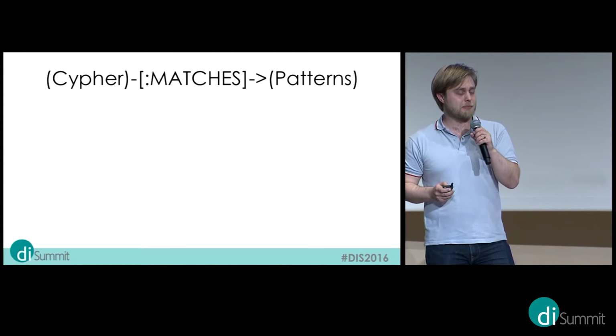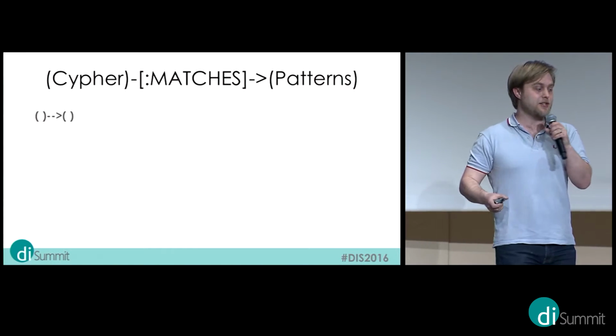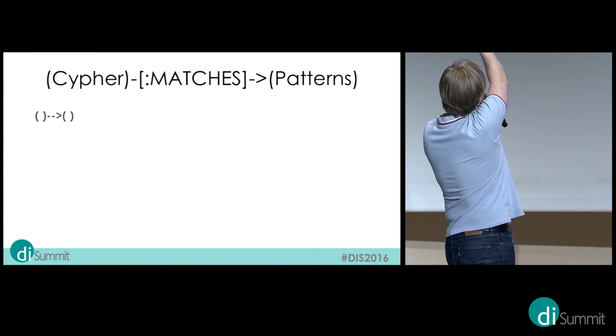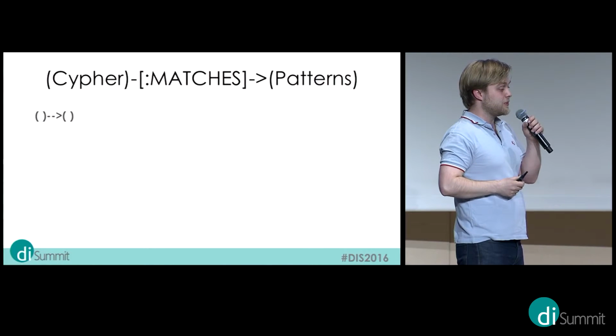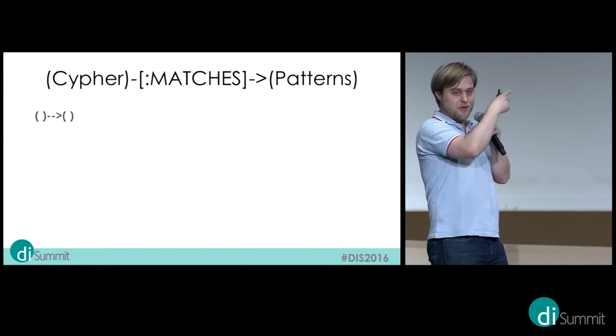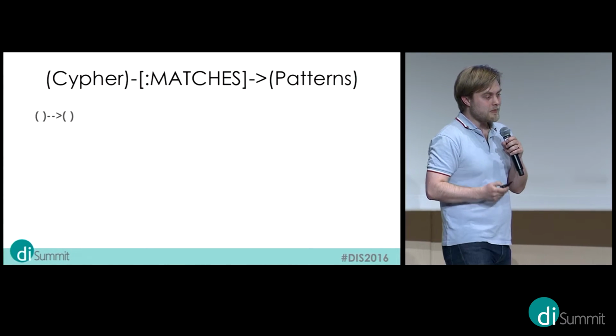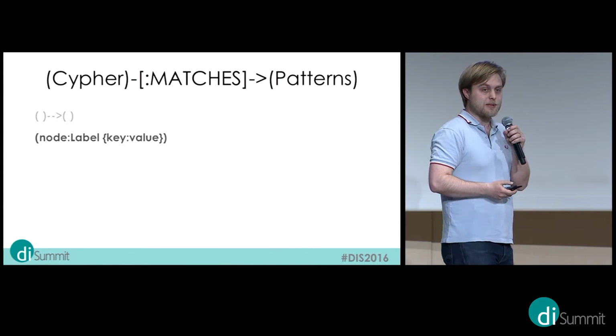As I said, Cypher matches patterns. So what are some of the patterns that we can match? The basic, most simple pattern is just nodes with a relationship between them. So this really looks like nodes and relationships. We've got circles representing the nodes and the line representing the relationship. I lied. This is the most simple pattern.